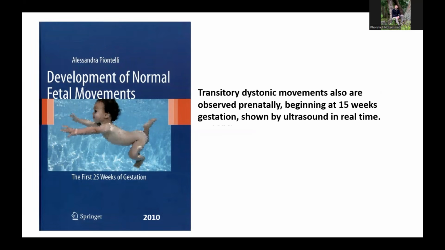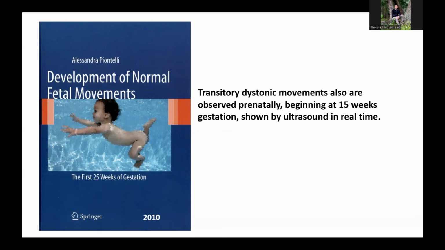In addition to these observations in preterm infants, with real-time ultrasound, it's been demonstrated now that these same transitory dystonic movements also are observed prenatally. And they begin even earlier, at about 15 weeks gestation. And this is a book by an Italian group that is very good in describing this. The infant illustrated in the book obviously is not a neonate, but it would occur in a fetus or a neonate.